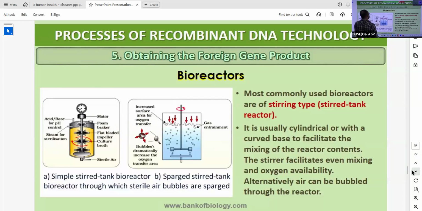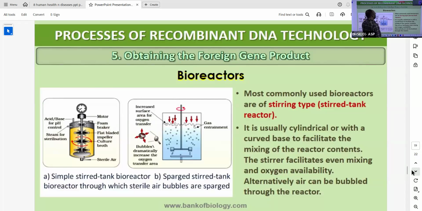Second, the sparged stirred tank. Sparged means bubbles, stirred, and tank as well. The simple stirred tank bioreactor and the sparged stirred tank bioreactor, through which sterile air bubbles are sparged.